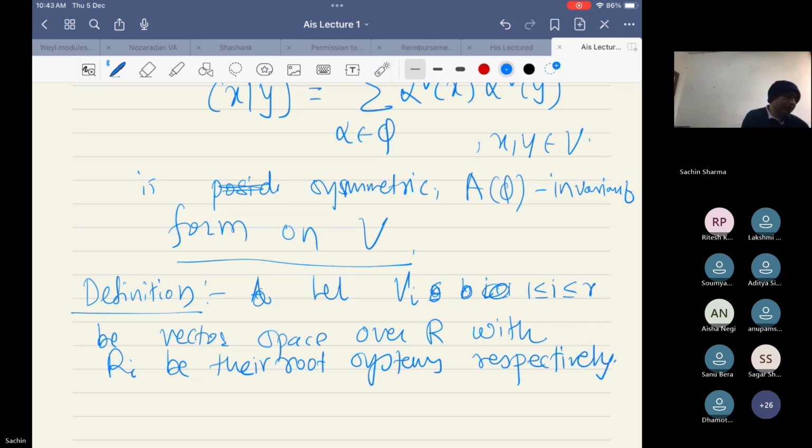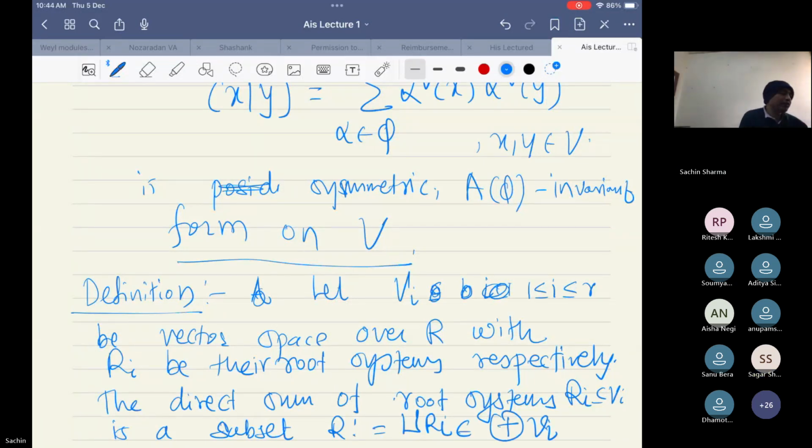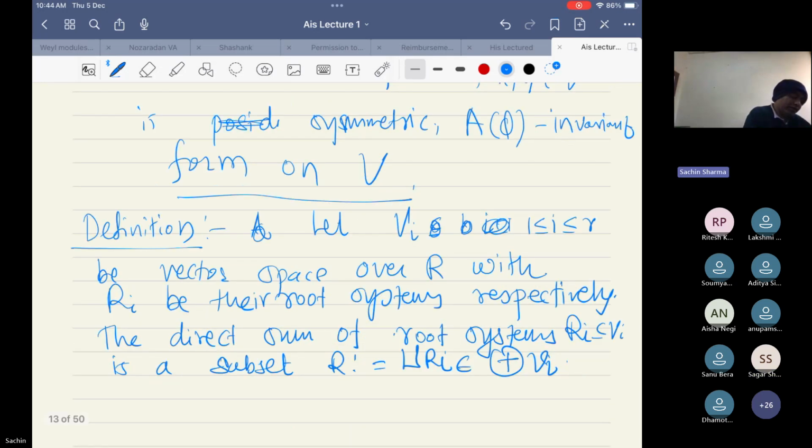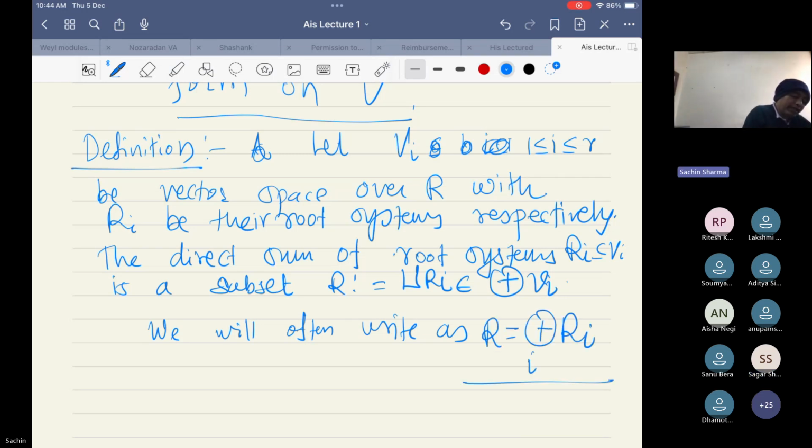Then the direct sum of the root systems R_i is the subset R, which you define as the disjoint union of the R_i, belonging to the direct sum of the V_i's. This generalizes the definition of what you mean by a direct sum of root systems.